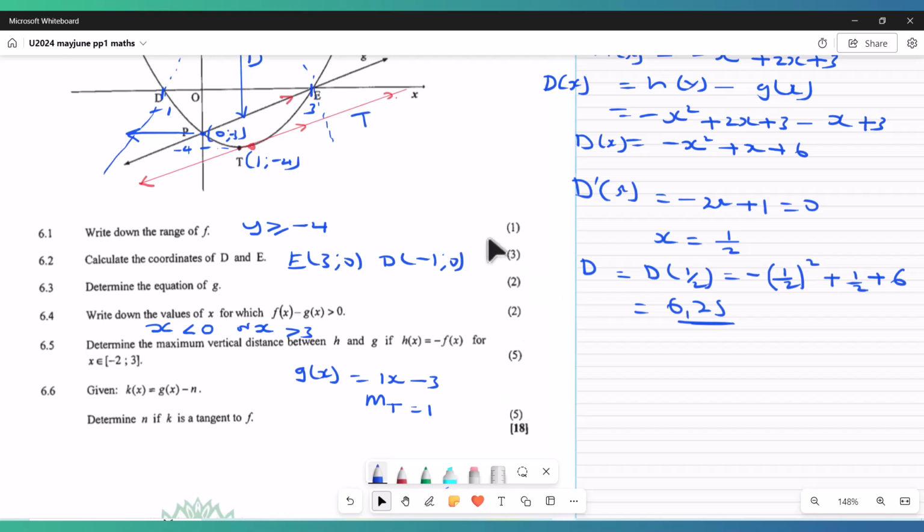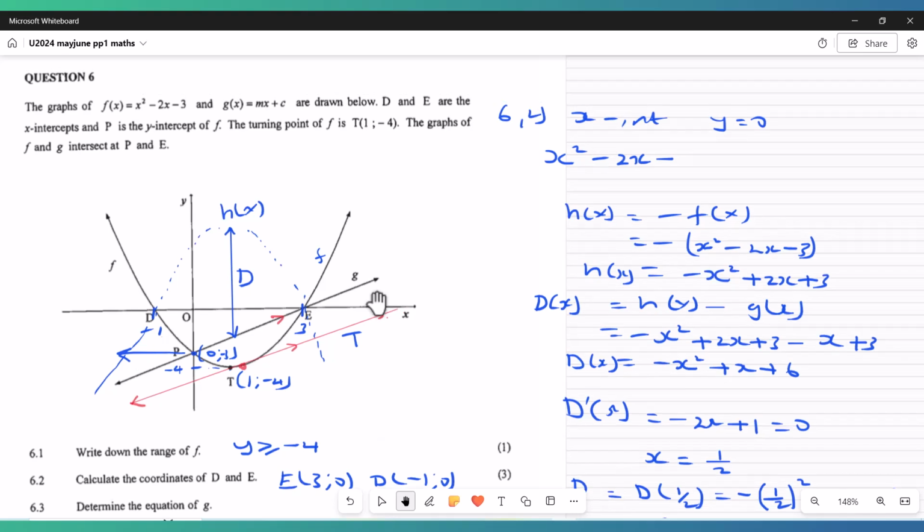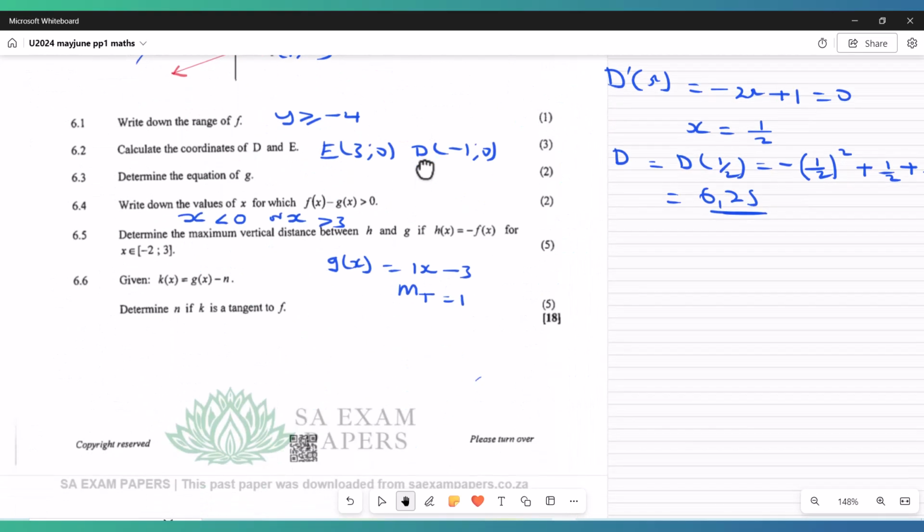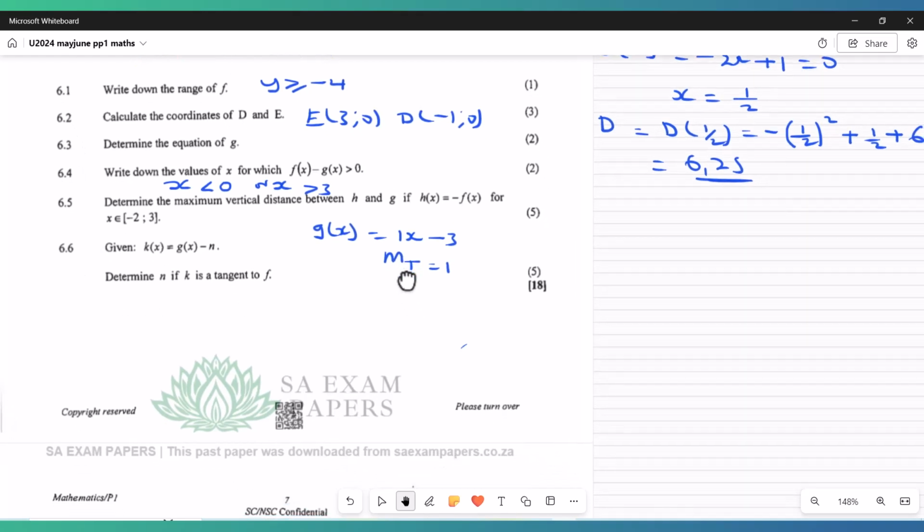Let's check it again. Our f of x, they gave us x squared minus 2x minus 3.